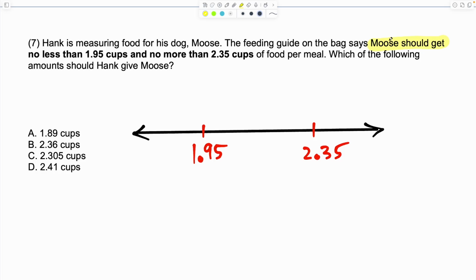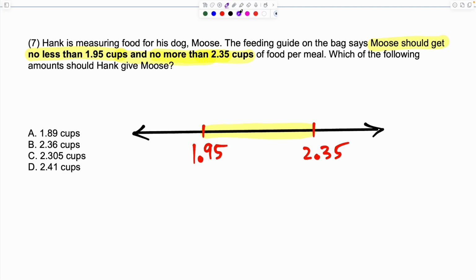So Moose should get no less than 1.95 and no more than 2.35 cups of food per meal. So if we can't go less than 1.95 and we can't go more than 2.35, we have to feed Moose an amount of food that falls between 1.95 and 2.35.